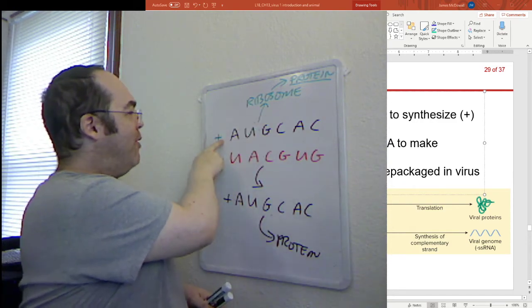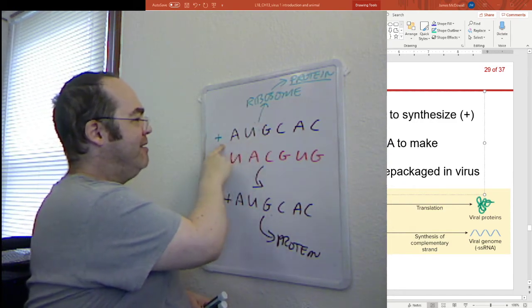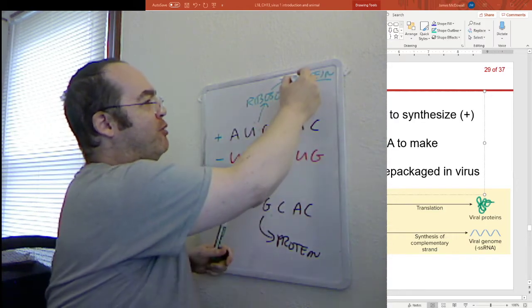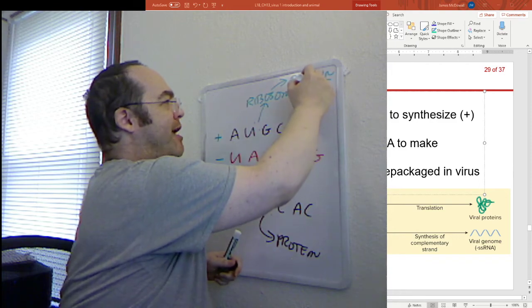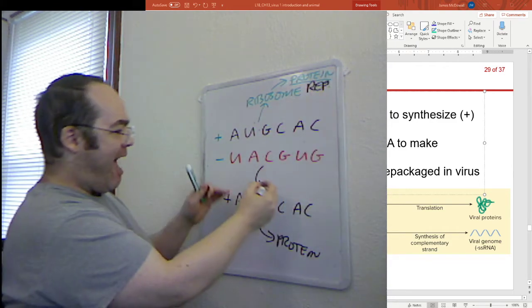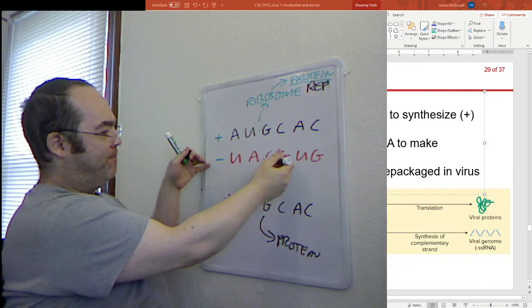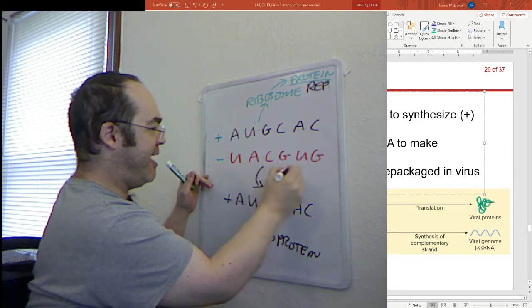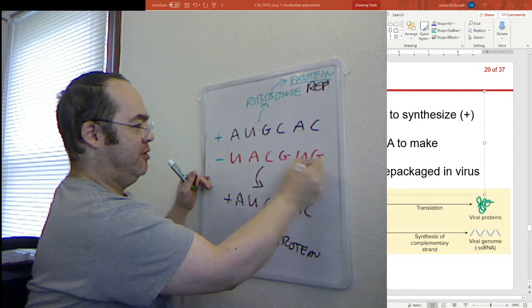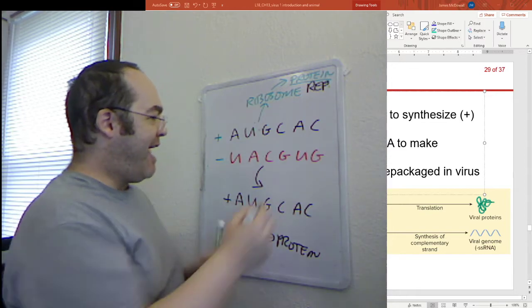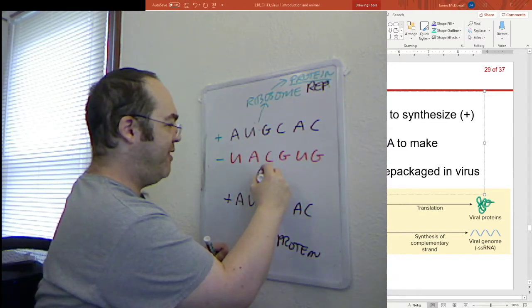Now, our positive strand RNA viruses, one of the proteins they are going to build is replicase. Our negative sense strands, they can't build proteins just yet. So they can't build proteins out of the negative sense genome, so they have to bring replicase with them.